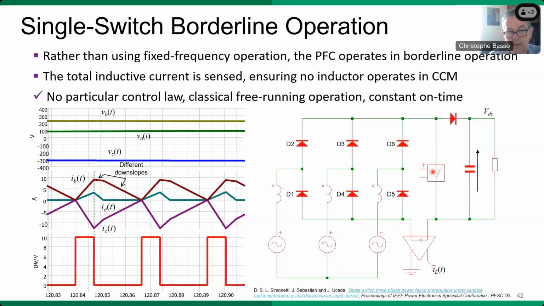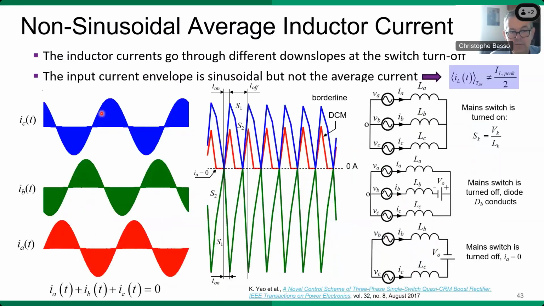Alas, here in three-phase, it no longer works the same way because you have one of these diodes which is going to conduct at a moment and then force a different downslope. So as I said, you no longer have constant downslope here. And even if you have a very nice looking sinusoidal envelope, because of non-constant downslopes in the inductor current, unfortunately, you don't have sinusoidal input current.